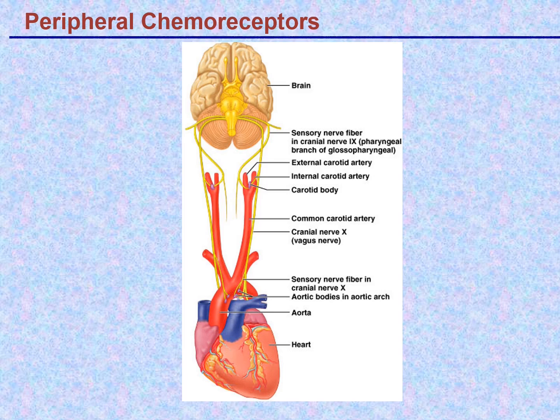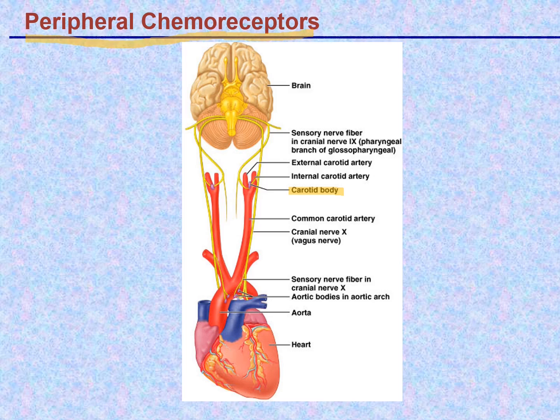So here we see a diagram looking at those peripheral chemoreceptors. There's the carotid body. This is the left carotid body, and there's the right carotid body, on the right carotid artery, and on the left, the left carotid artery.